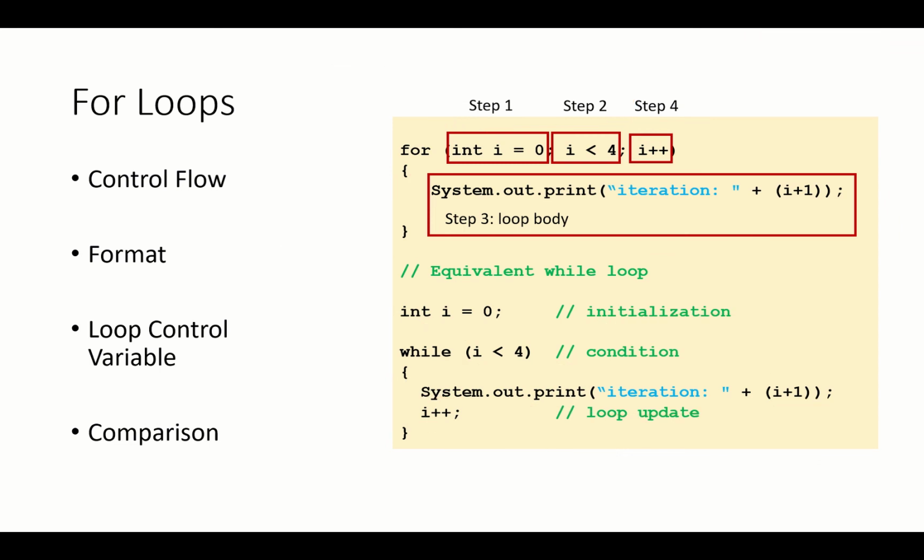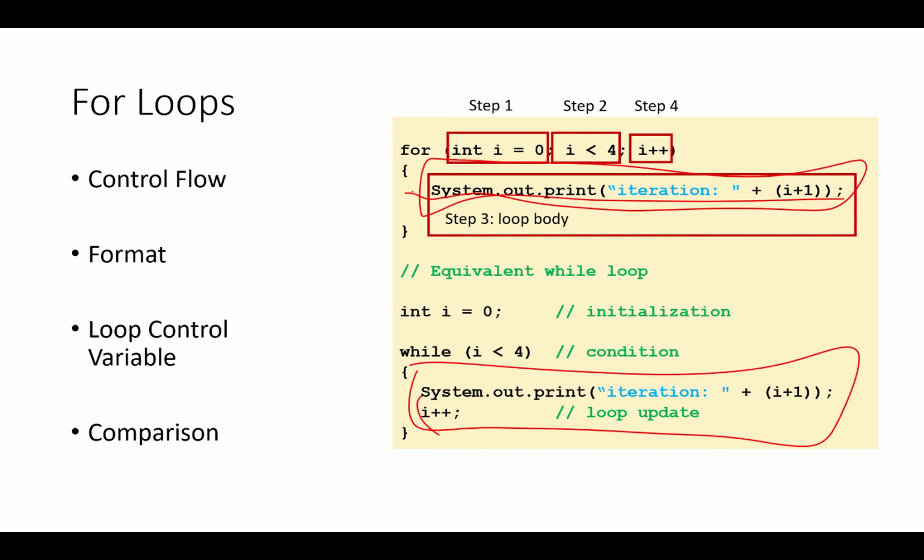So basically, in the for loop, we separate the loop body from exactly this function with the loop update. We make this function clearer.